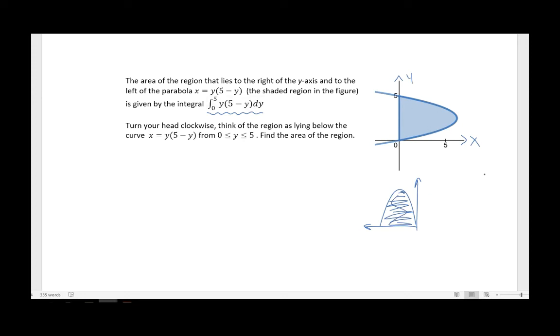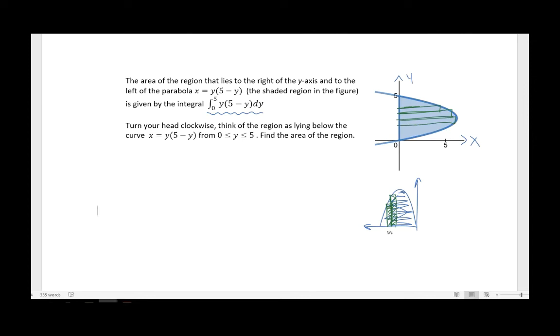Technically, if we think back to the beginning of the chapter, what we would have done with this scenario is squeeze rectangles under the curve. When I rotate, I see the rectangles in this manner. So I'd really be doing the same thing.